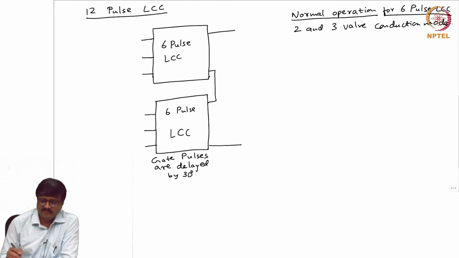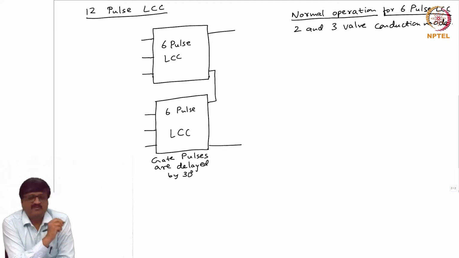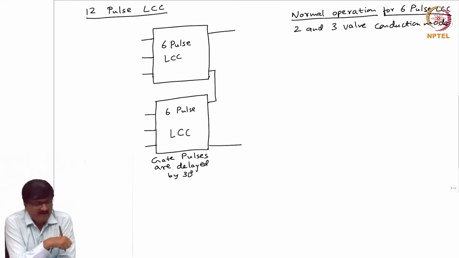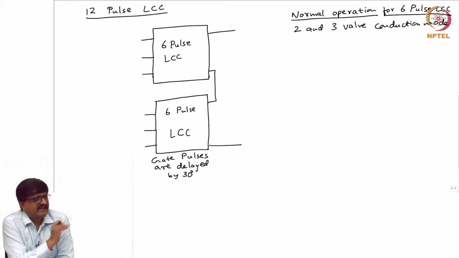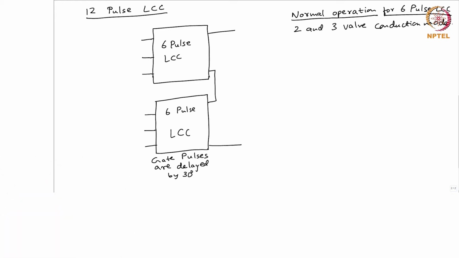Let us assume that both 6 pulse LCCs are having normal operation. Then at any instant, if I take all the 12 valves in the 12 pulse LCC, what is the number of valves that conduct? Assume that the voltages on the AC side of the 12 pulse LCC are balanced, sinusoidal, and the equivalent leakage inductances of the two transformers are equal.